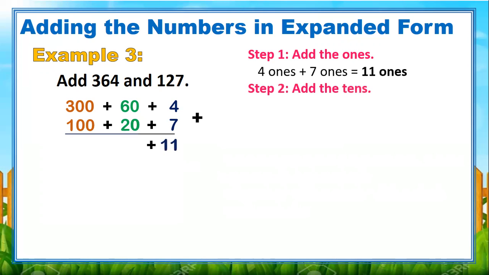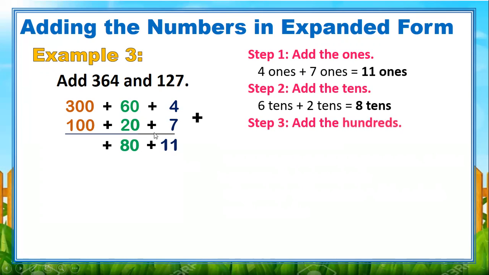Next, add the tens digits. 6 tens plus 2 tens is equal to 8 tens. And the last step, add the hundreds digits. 3 hundreds plus 100 is equal to 4 hundreds.